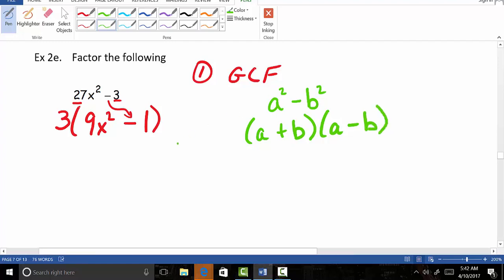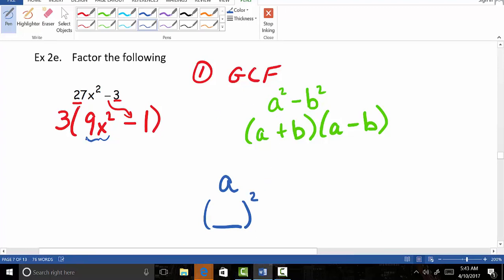So now the challenge becomes, if this is in fact the difference of two perfect squares, well, what are a and what are b? Our a value is coming from this first piece, this 9x squared. According to the definition, a would be what, when we square it, gives us that item being squared.